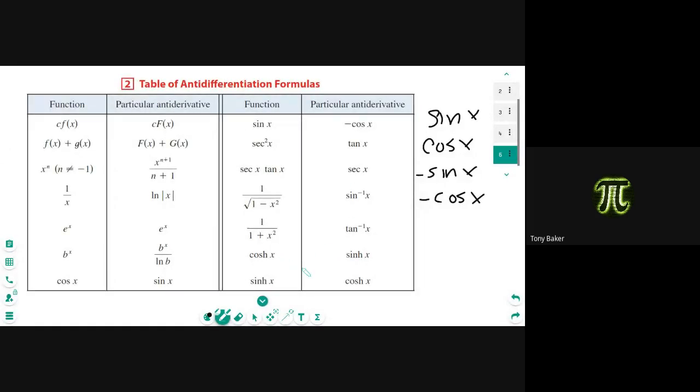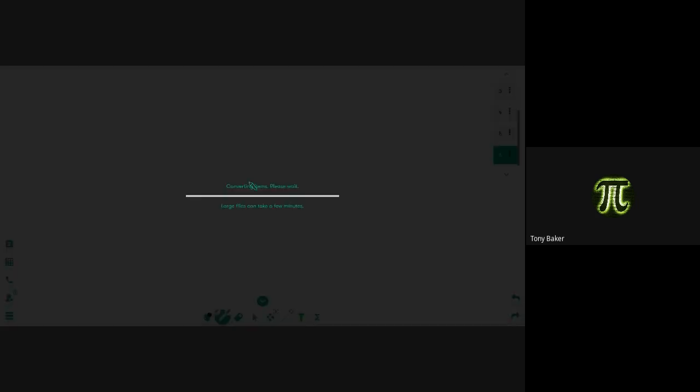I put it in my book just because it's one of those more complex topics. But we don't use them very often. Yeah, it's a hyperbolic trig function.